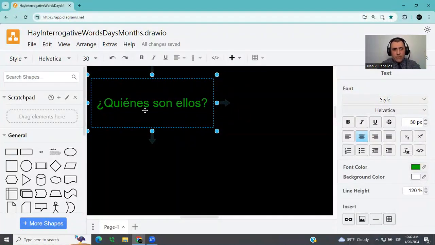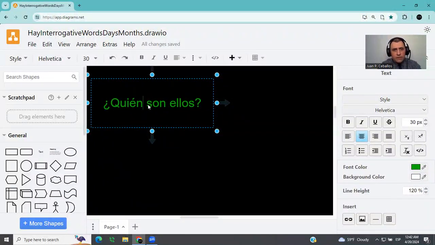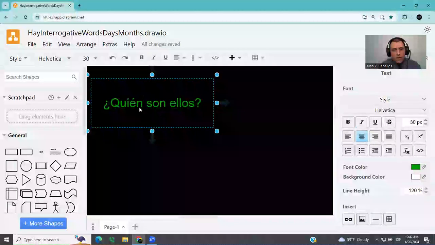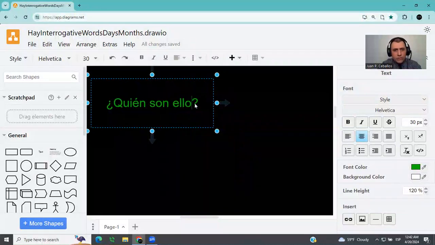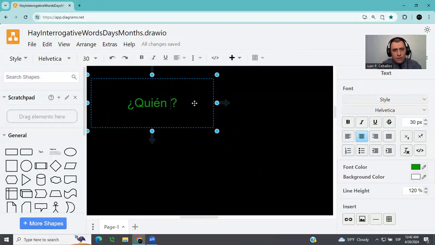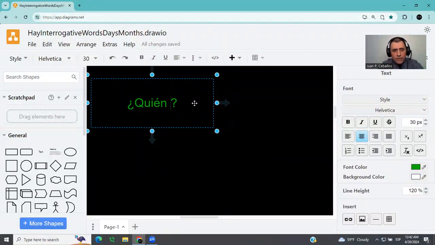The only difference is between the verb to be, is and are. That's how you know it's plural or singular. But in Spanish, ¿quiénes is the plural form. ¿Quién is the singular form. And if you are using singular, the verb has to match with the interrogative pronoun. So it will be ¿quién es él?